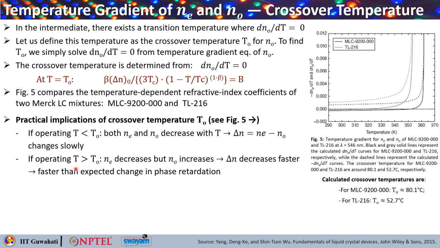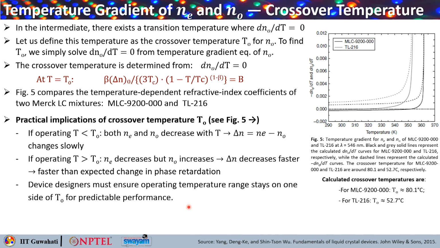But if the temperature is greater than T0, Ne decreases but NO increases, so delta N decreases faster, giving faster than expected change in the phase retardation. As a device designer, you need to ensure that the operating temperature range stays on one side of T0 for predictable performance.